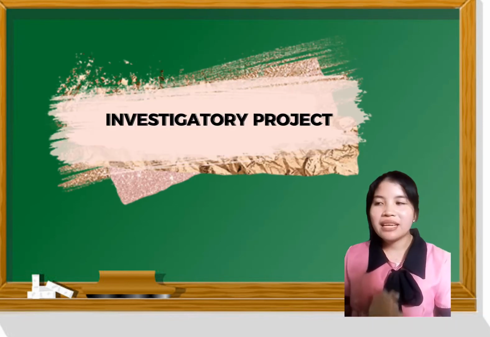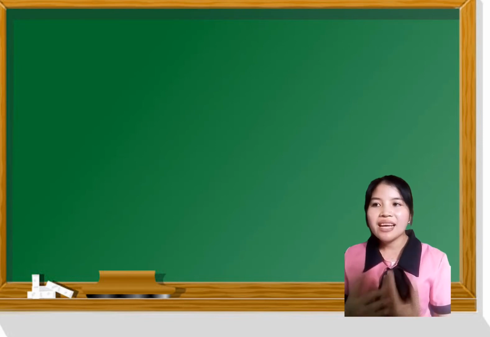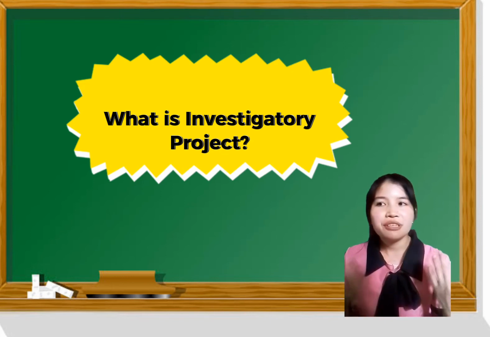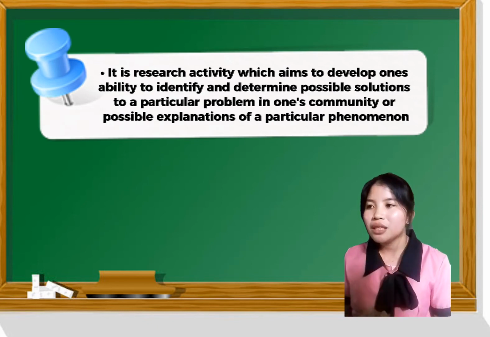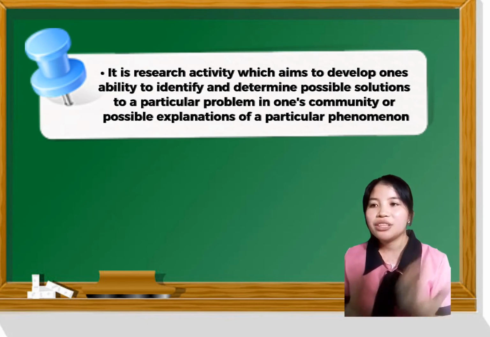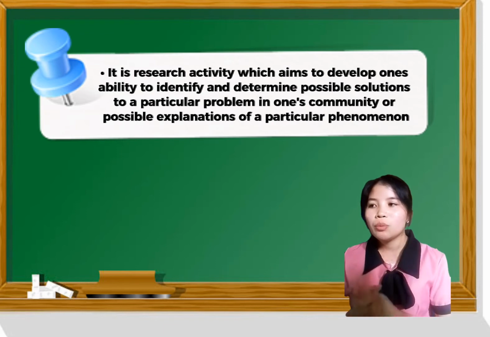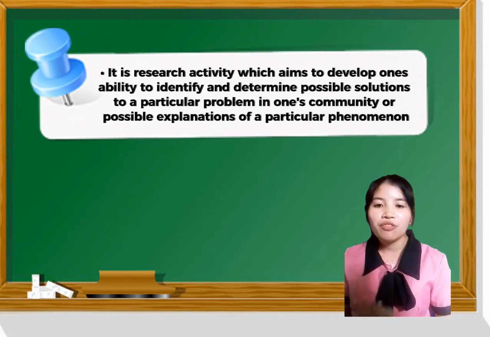Let's move on to the investigatory project, which is called Science Research and Investigatory Project or SIP. So what is an investigatory project? It is a research activity which aims to develop one's ability to identify and determine possible solutions to a particular problem in one's community or possible explanations of a particular phenomenon.